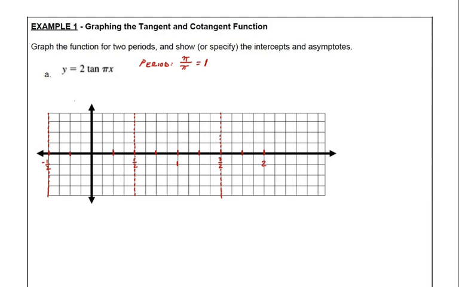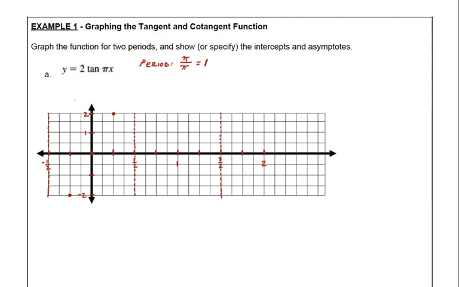Now, in terms of the shape, you could pick a bunch of values, make a table, and plot them. The only problem with that is it's going to take forever. So instead, if I know the general shape of tangent, and that it's centered on the origin because I haven't shifted left or right, the tangent of 0 is 0, and then tangent of 1/4, which is that first tick mark to the right of the y-axis, is usually 1, but that 2 is going to stretch my graph out vertically.